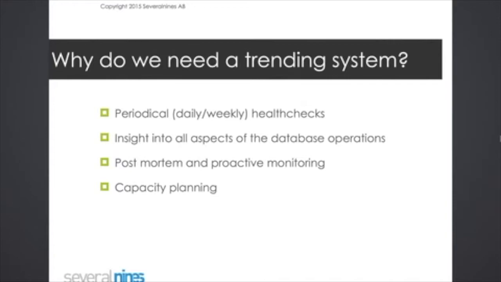Post-mortem and proactive monitoring. Well, obviously no one can be online all the time, and issues happen while nobody is watching. Then we want the ability to check the historical data and figure out how the issue evolved, what caused it, and find patterns that may be related to our workload or something else.